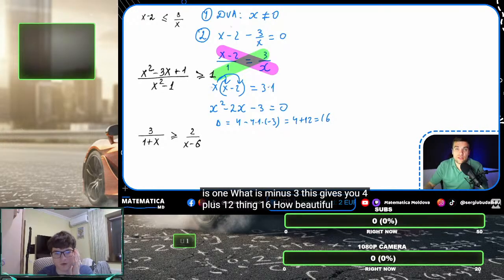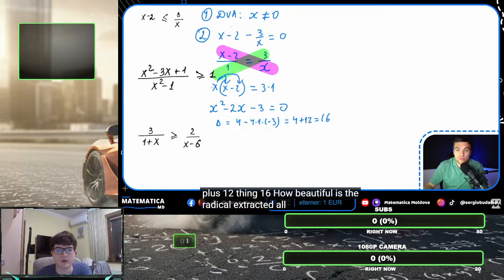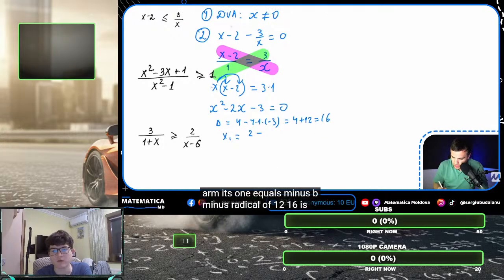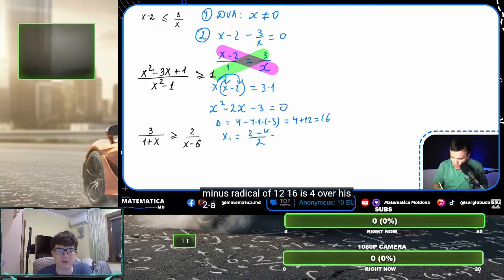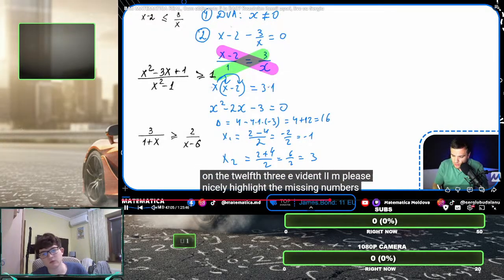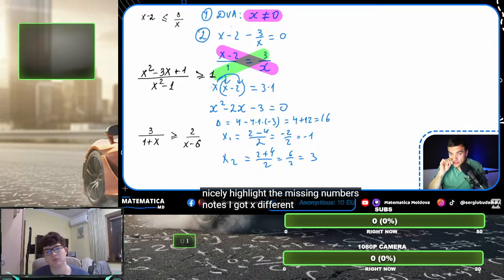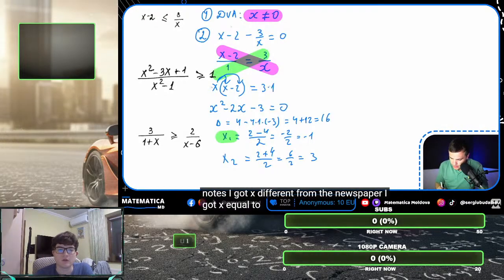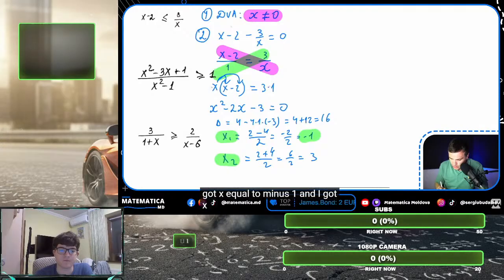Now I got a 4 minus 4ac, boom. 4 plus 12, 16. Now you solve: x1 is going to be 2 minus 4 divided by 2, so minus 1. Now x2, that's going to be exactly 3. So yeah, we got that.